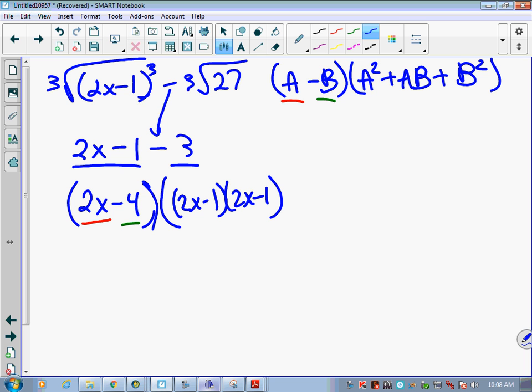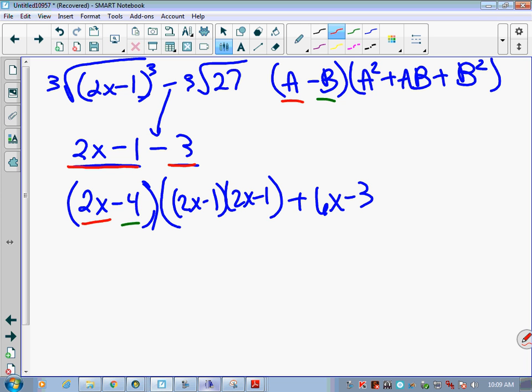That's a squared plus 2x minus 1 times negative 3. Okay, well 2x minus 1 times negative 3, or 2x minus 1 times 3 in that case, is 6x minus 3, because they distribute the 3 to the 2x minus 1.